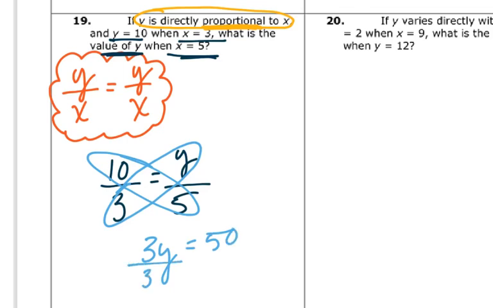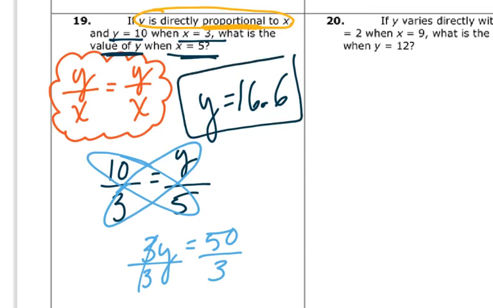We get y by itself by dividing 3 and dividing 3. If you type that in, 50 divided by 3, you can go to menu, number, convert to decimal, and you would get y equals 16.666666666. Very easy. So try the last one, which is number 20. Also, direct variation, meaning you're setting up a proportion for number 20 as well.